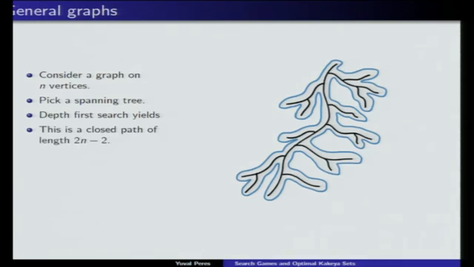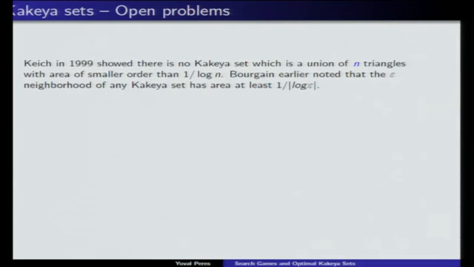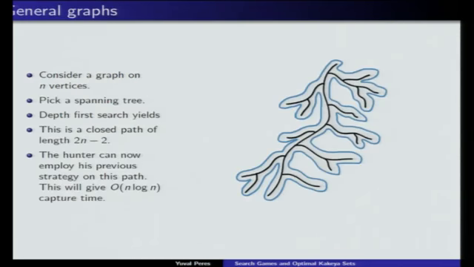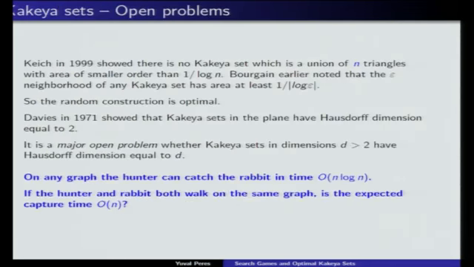But here is an open question. Yeah, I want to emphasize this question in blue. We said that on any graph, the hunter can catch the rabbit in n log n. Now, suppose we weaken the rabbit and make the rabbit also respect the edges of the graph.